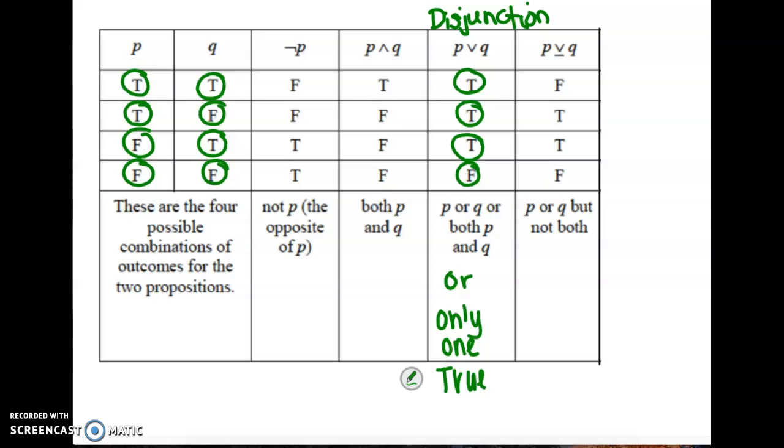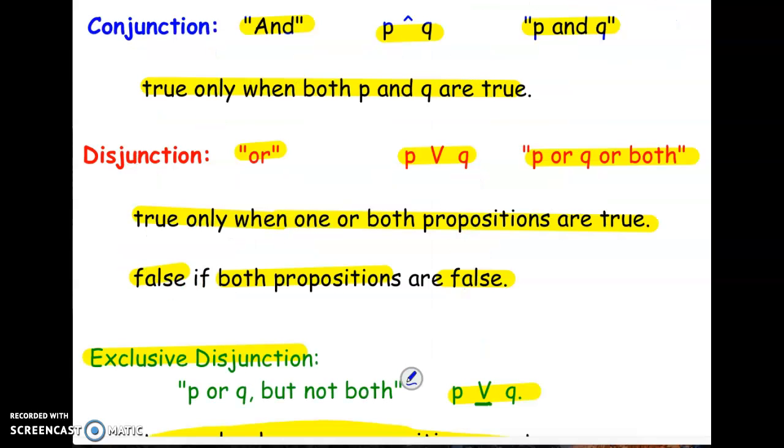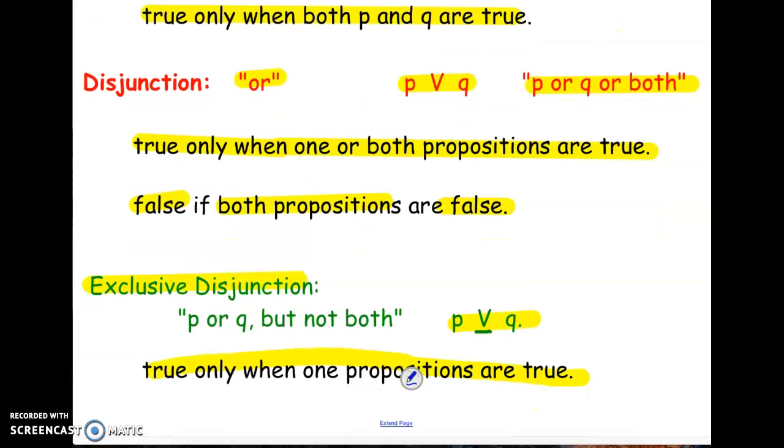All right. The new one, exclusive disjunction. This is your help sheet when we move on to our next lessons with truth tables. So if we go back to that previous slide, this green part, P or Q, but not both.